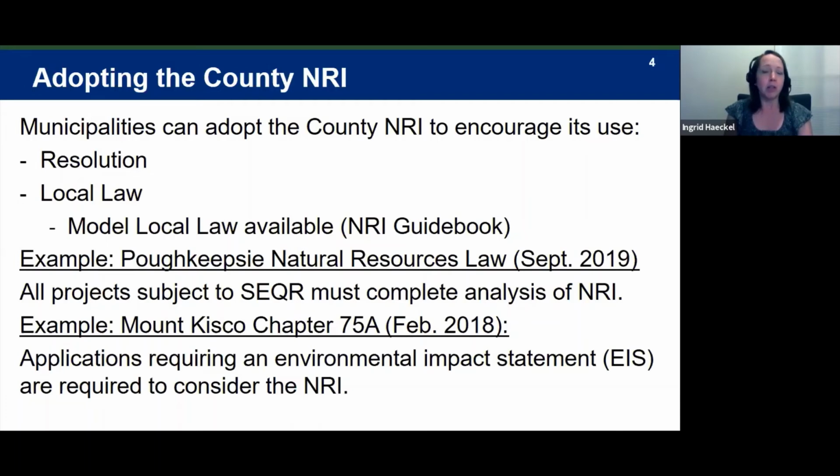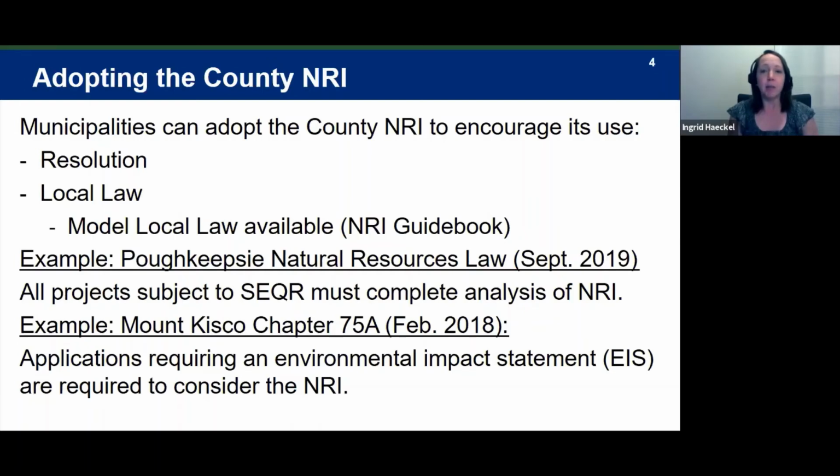Beyond a resolution, there's also a model local law available in the NRI guidebook that can be customized and used to formally adopt the NRI and integrate it into municipal land use decision-making. The city of Poughkeepsie adopted this version of this law back in 2019, which requires consultation of the NRI in conjunction with all reviews subject to SEQR.